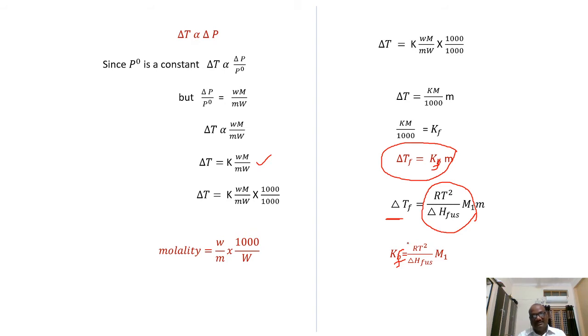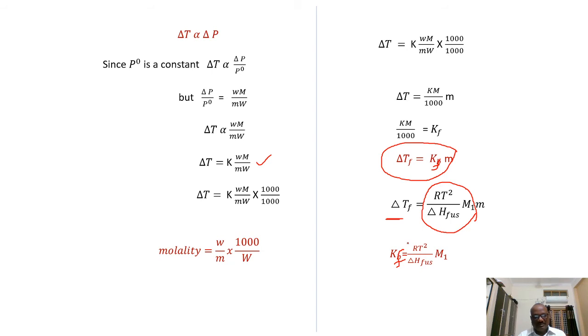T is the freezing point of solvent. Delta H fusion is the molar enthalpy of fusion. Capital M1 is the molecular weight of solvent. This means the value of Kf depends only on the nature of solvent, not on the solute.